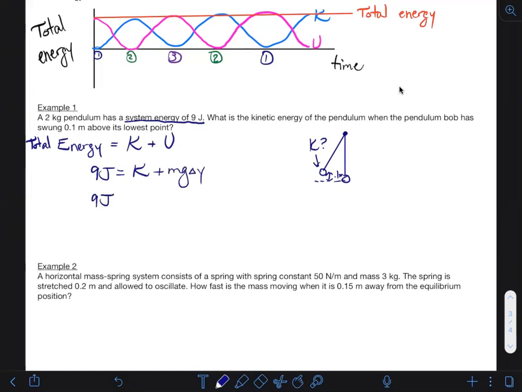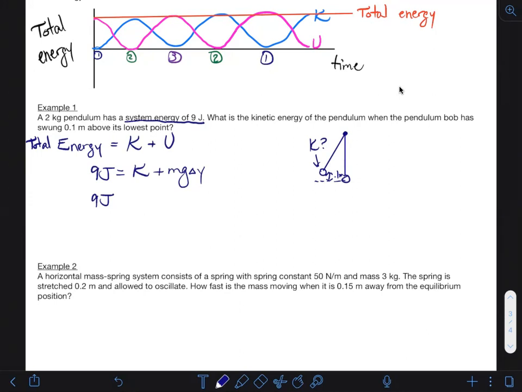So let's see, 9 joules is equal to my kinetic energy plus my mass, which is 2 kilograms, times g, which is 9.8 meters per second squared. And my delta y is 0.1 meters above my lowest point. So when I multiply all of that together, I end up getting 1.96 joules.